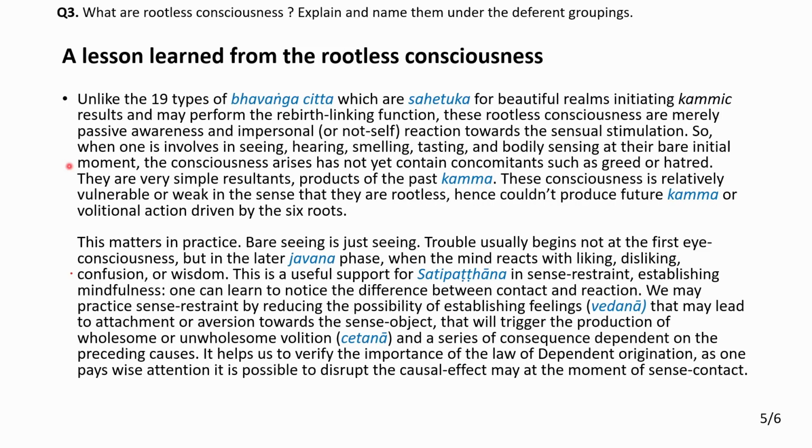The consciousness arises without any roots, they are rootless. Okay, that's all. Thank you very much.